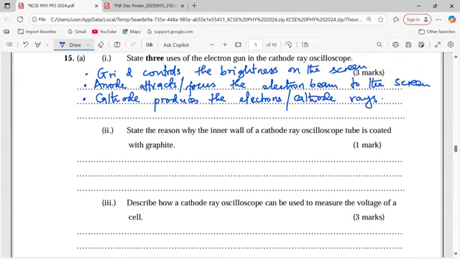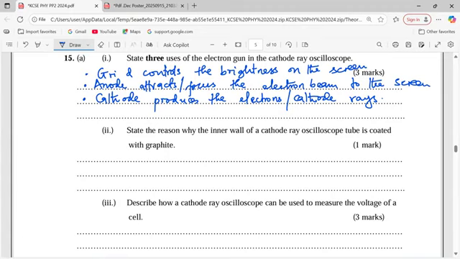We can look at Roman 2 of number 15. This is a very serious exam. Actually, when you observe the paper very keenly, you discover that it has very little calculations.